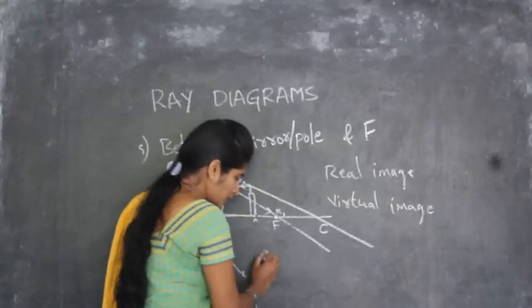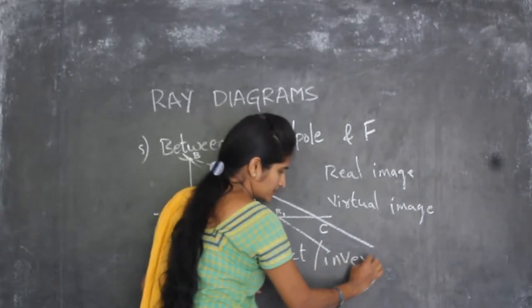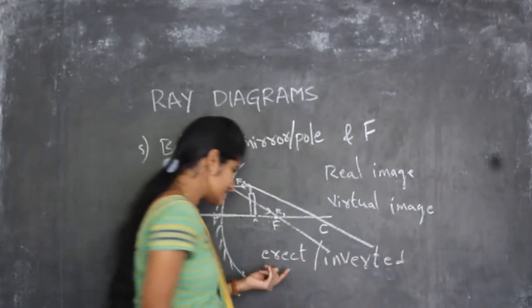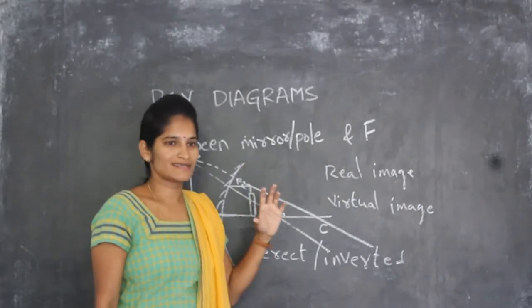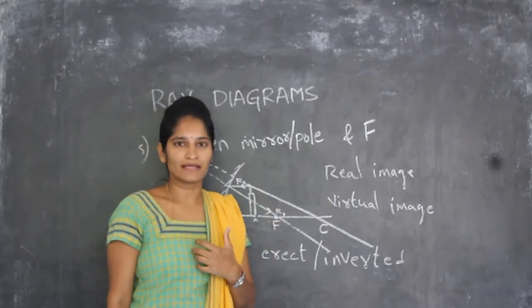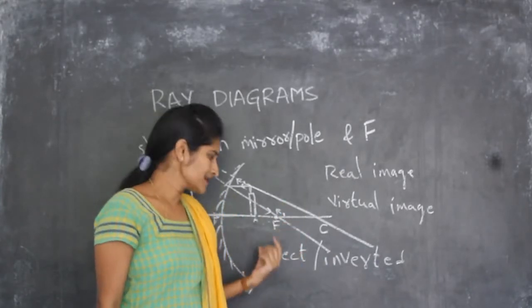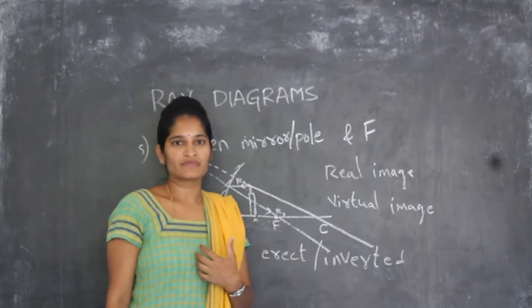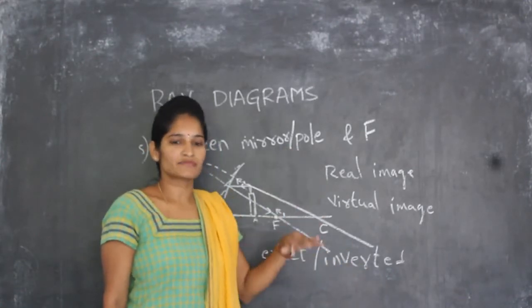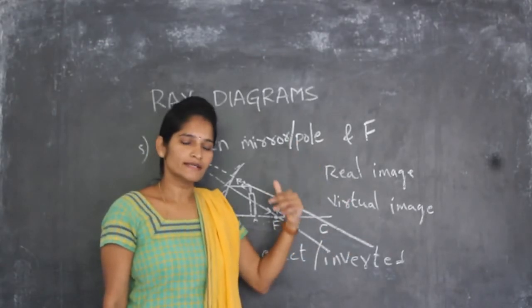So you need to know erect and inverted images. What is an erect image? It is the same as the object. See, suppose I am standing like this, if my image is also the same like me, then it is called an erect image. What is an inverted image? I am standing like this, but if when the image is formed my head is down and legs are up, then it is inverted.